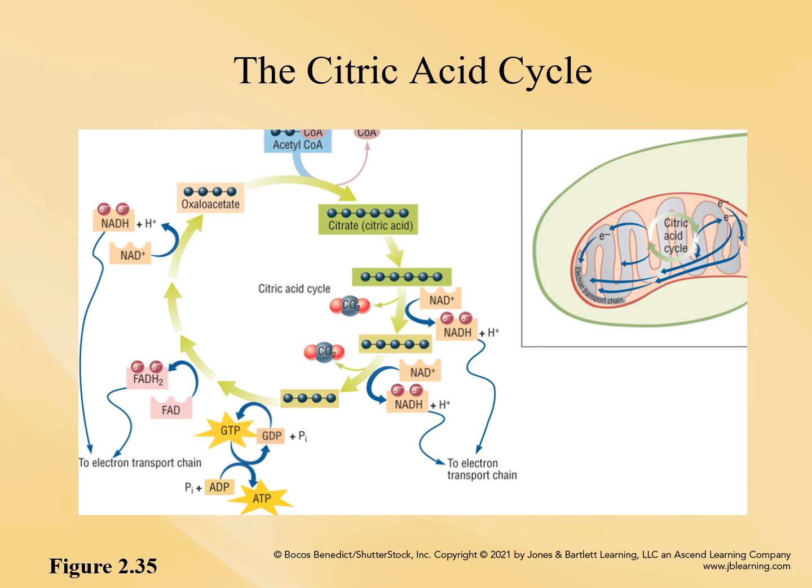Those are ultimately going to be part of the ATP production process. And the citric acid cycle is occurring inside the mitochondria. I should have mentioned the glycolysis is in the cell cytoplasm.